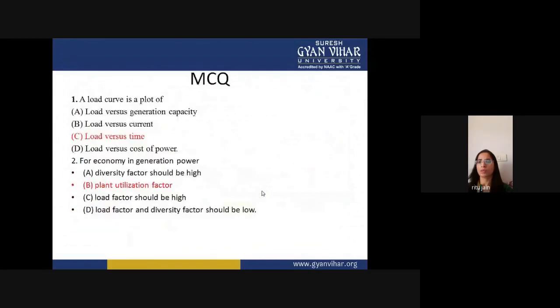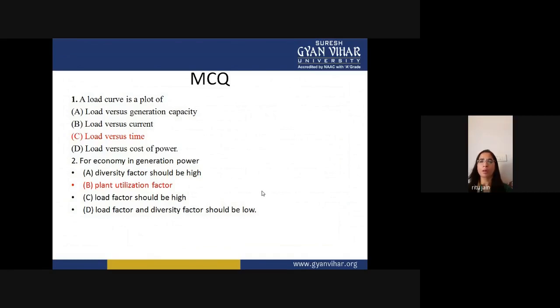These are some MCQs. A load curve is a plot of load versus time. For economy in generation of power, the diversity factor should be high, plant utilization factor should be high, load factor should be high, or load factor and diversity factor should be low.